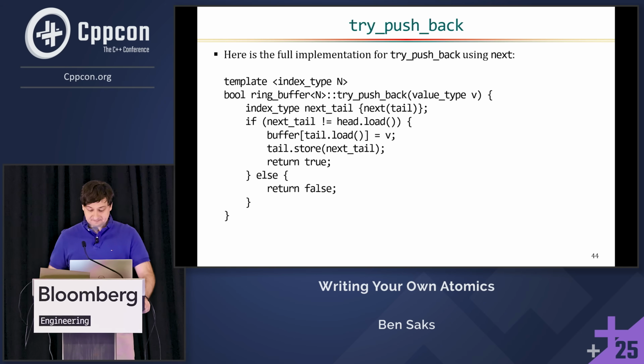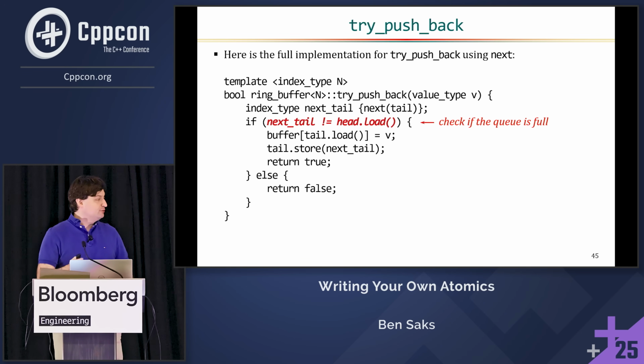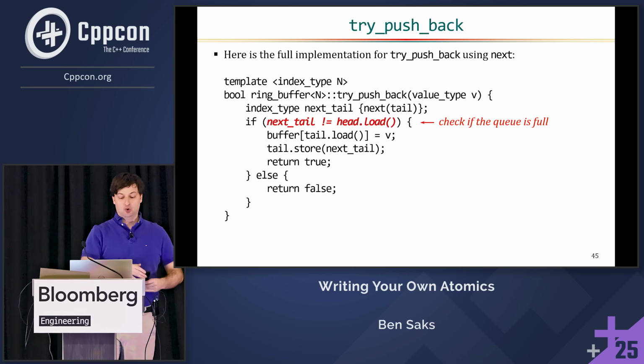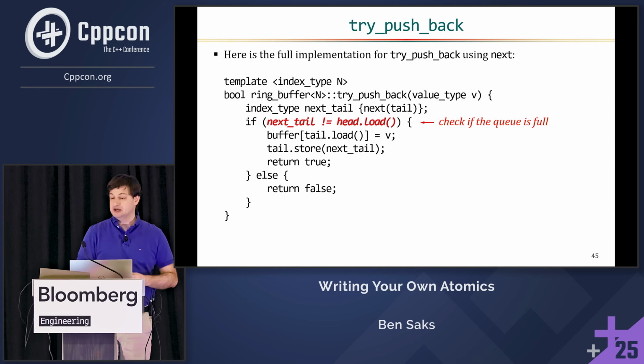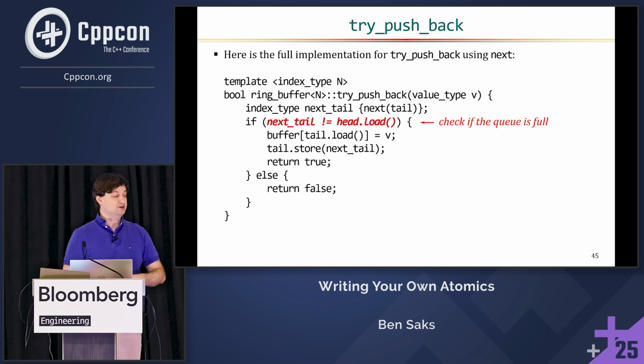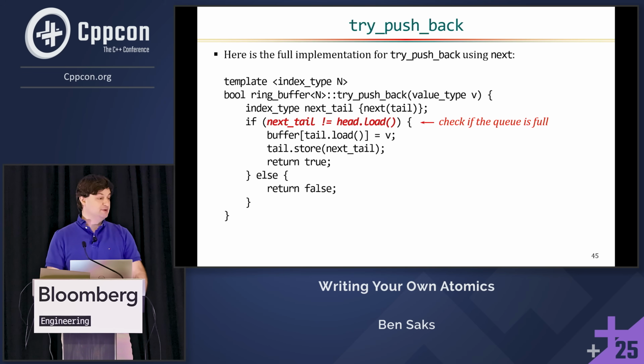So here, going through this, after we calculate where the next value of the tail index would be, assuming that there is actually room to hold another object in it at the moment, we check to see, is that actually true? Or would advancing the tail index give us the head index at this point, in which case the queue is already full.